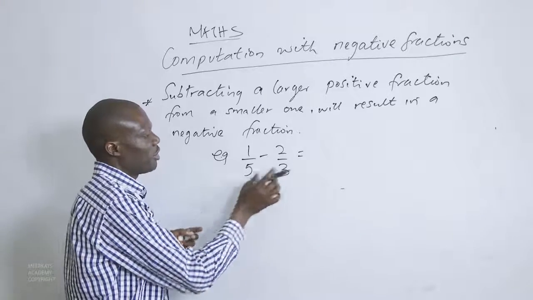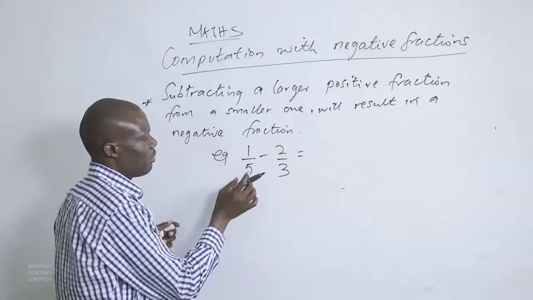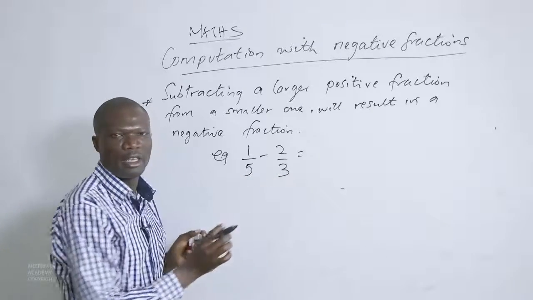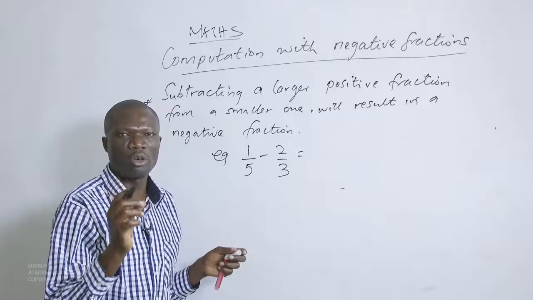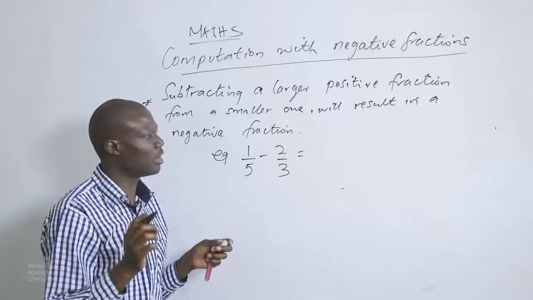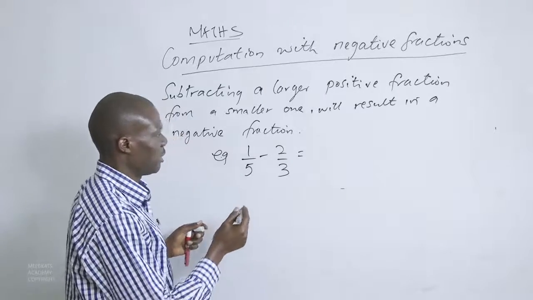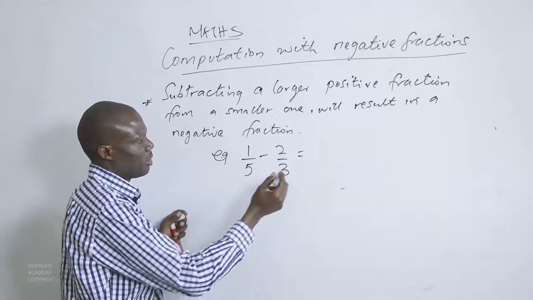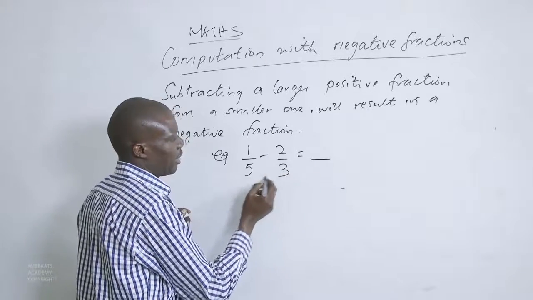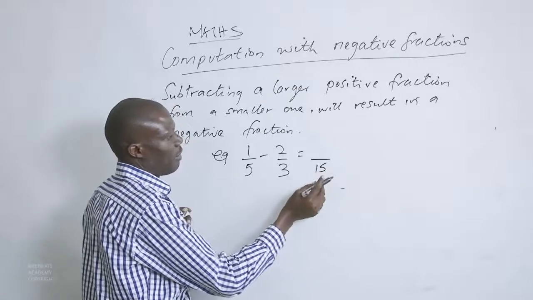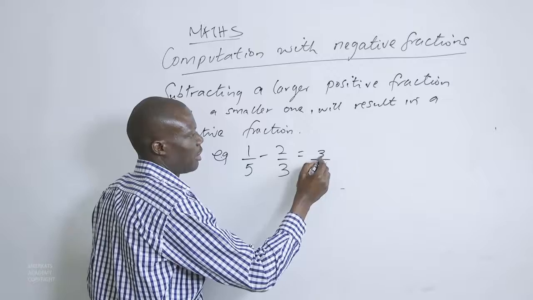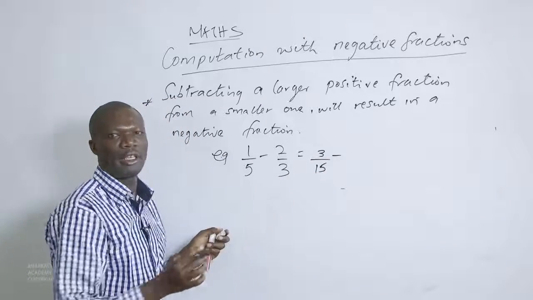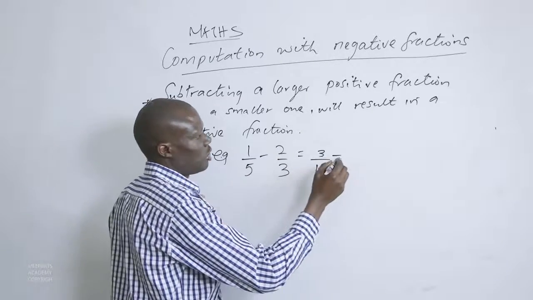Given that we have the denominators 5 and 3, we look for the lowest common multiple. In this particular case, it is the product, which is 15. 15 divided by 5 is 3, 3 times 1 is 3. Minus 15 divided by 3 is 5, times 2 is 10.